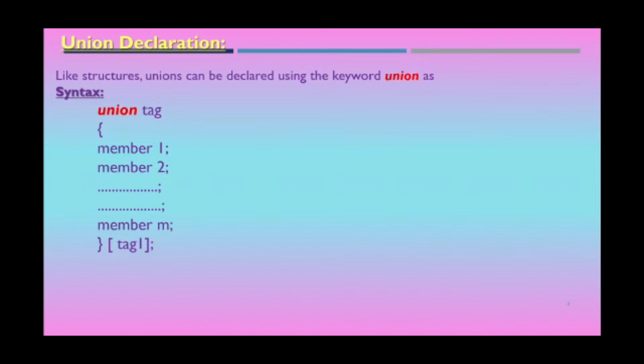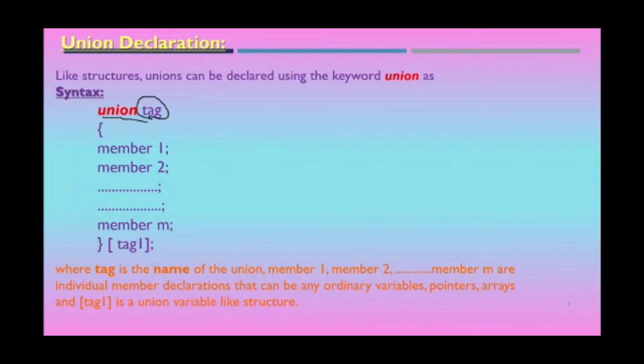Now let's see the union declaration. Like structures, unions can be declared using the keyword union. In the syntax you can see here, the keyword union is used, and the tag is the name of the union created. This is the block of the union where the members of the union are declared, and the number of members is not restricted here.